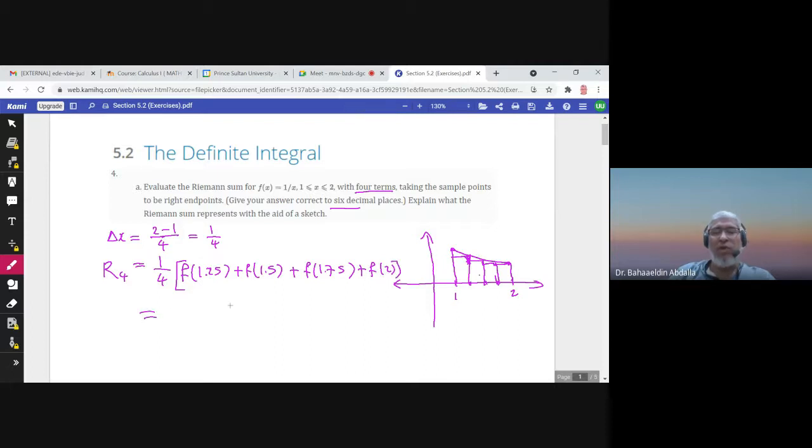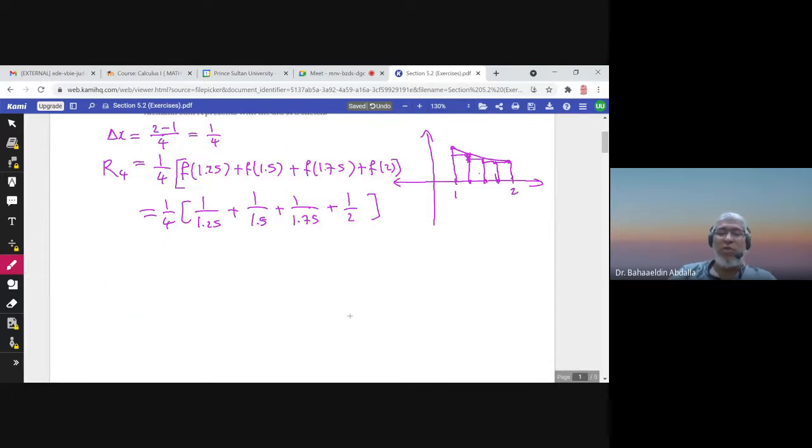And we evaluate using the calculator and find the answer. Of course, the function here is 1 over x. So this is 1 over 1.25, 1 over 1.5, 1 over 1.75, and 1 over 2. Please use your calculator and find the answer.